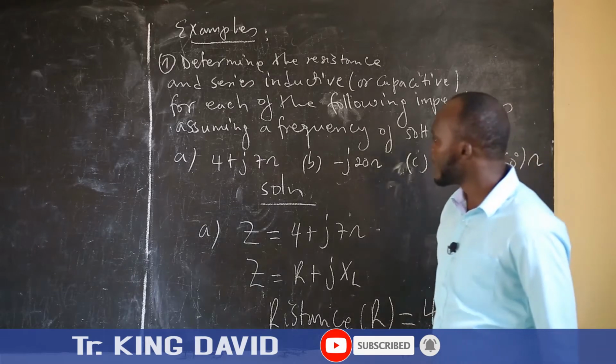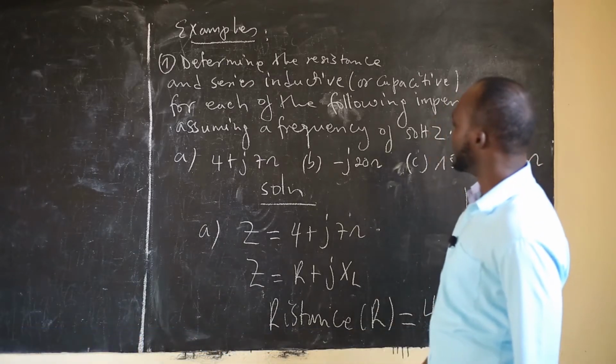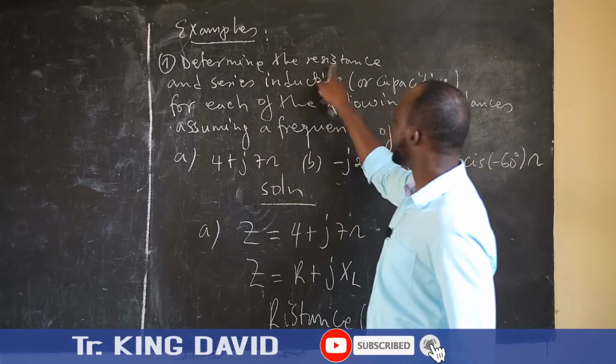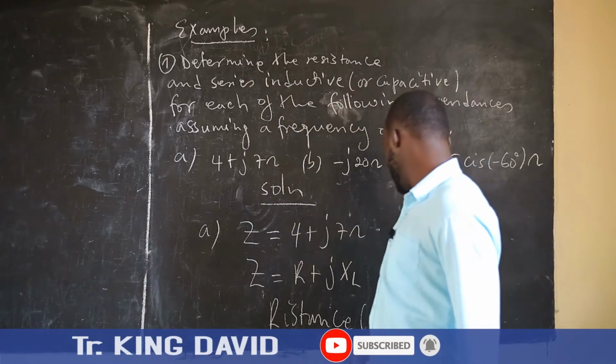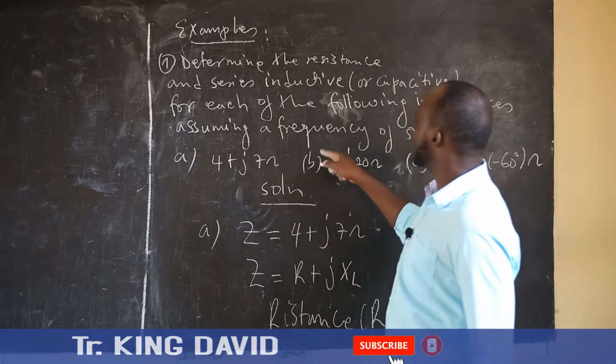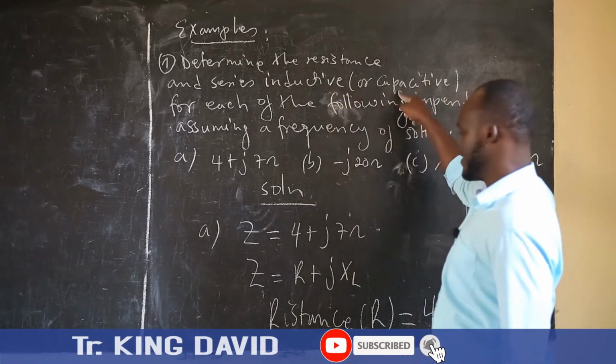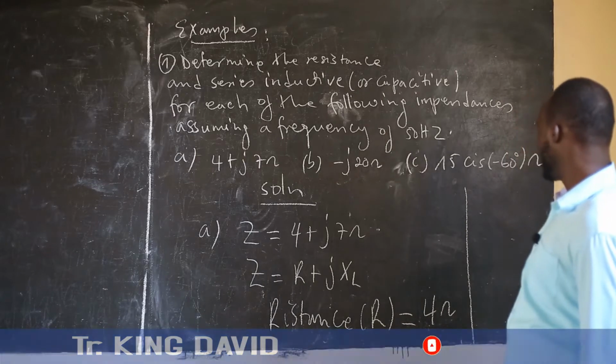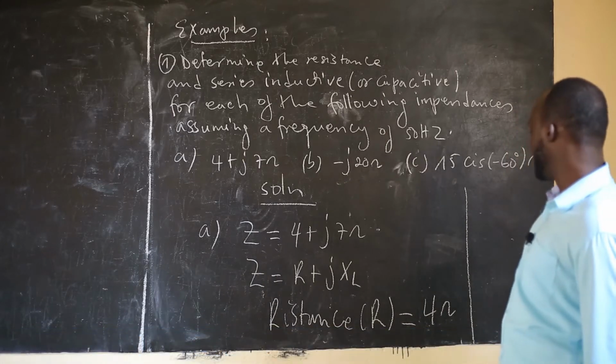That was A, the first question, because the first question is asking to determine the resistance. Now we have answered for resistance. Then inductive or capacitive. How are we going to get inductive and capacitive?